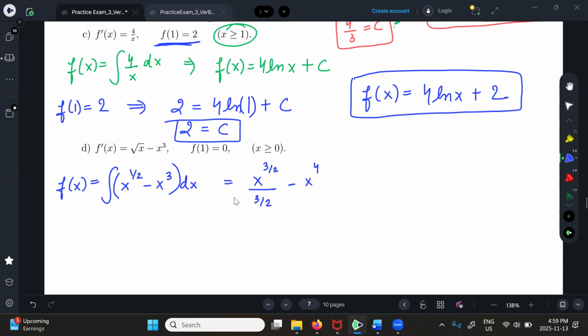And 3 plus 1. Right? Then I solve for it. f(1) equals 0, which tells me 0 equals, when I put 1 in the equation. Okay, you need your calculators for this. 1 raised to anything is just 1. So what is c here?